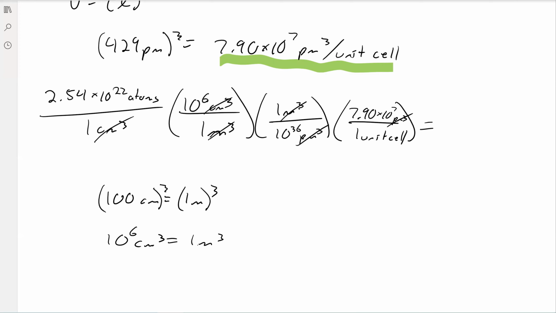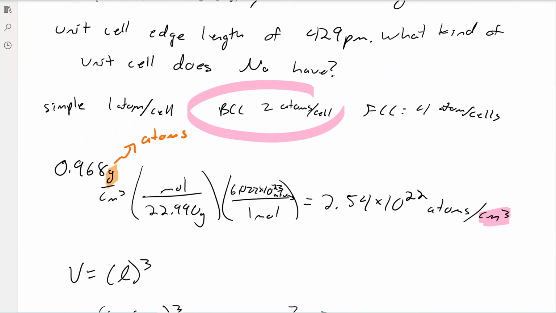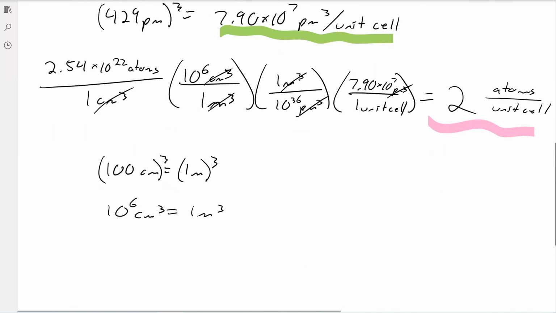Cancel out picometers, and then we're left with atoms per unit cell. Plug that all into your calculator, and you get 2. If you think about what kind of unit cell has 2 atoms per cell, that is a body-centered cubic, BCC.